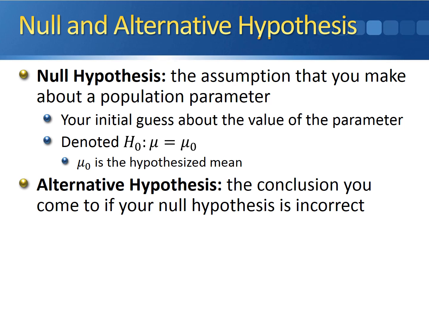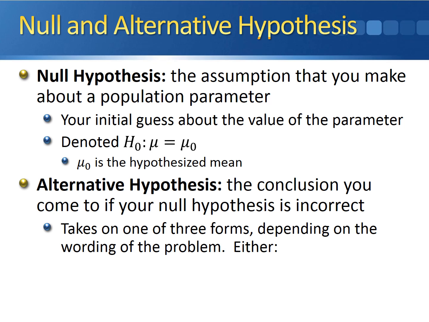Now, the alternative hypothesis is the conclusion that you come to if your null hypothesis is incorrect. The alternative hypothesis takes on one of three forms, and the form of the alternative depends on the wording of the problem. The alternative hypothesis is always going to be denoted by H1, and we write out the alternative hypothesis based on if we have what's called a lower one-sided test, an upper one-sided test, or a two-sided test.